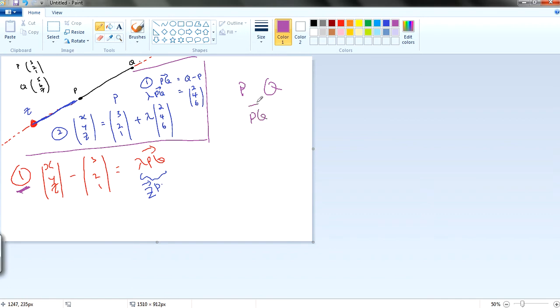So let's say maybe P is here. This in fact is a vector PQ. So if you take PQ and you minus away P, then you are getting Q only, right?